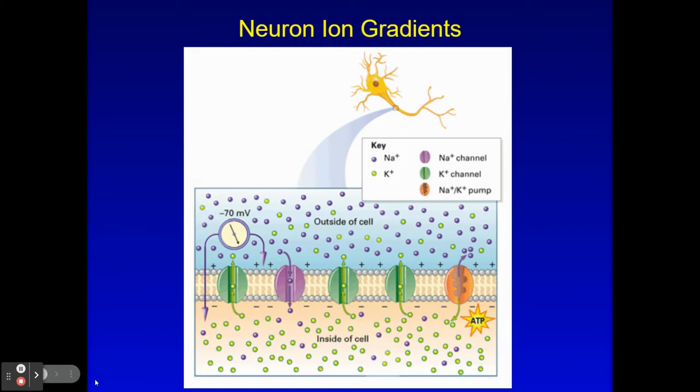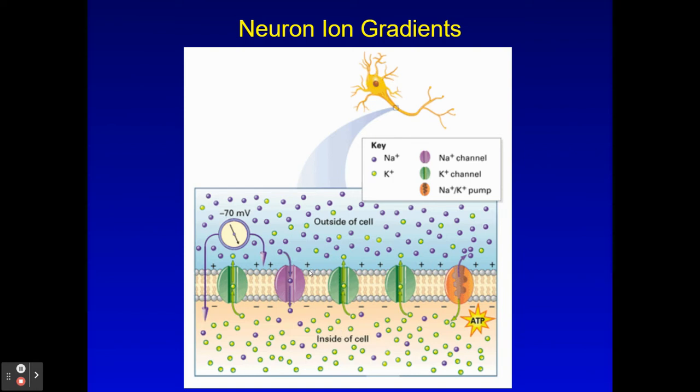So where do we use that? Most importantly, inside of our nerve cells, our neurons. Here we see a picture of a neuron, and we see a lot of sodium outside and a lot of potassium inside the cell. There are potassium transporters and sodium transporters that allow for the movement of both sodium and potassium.